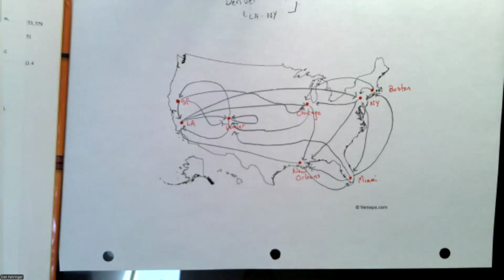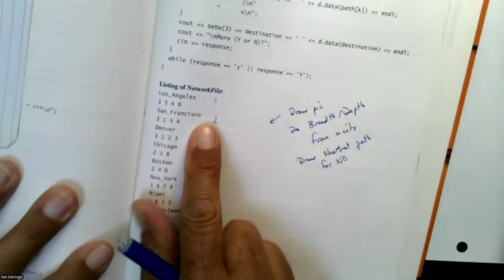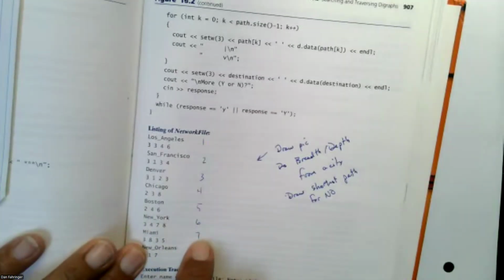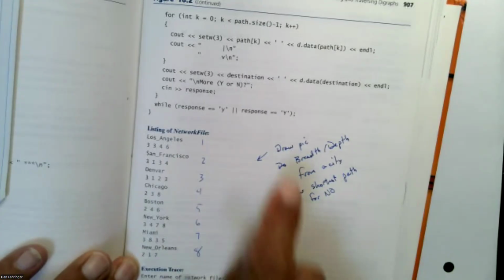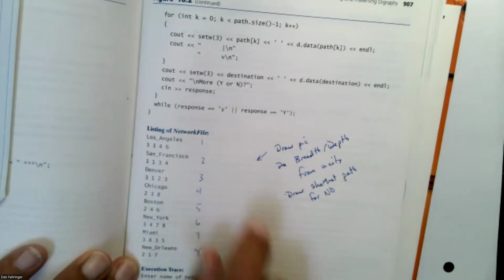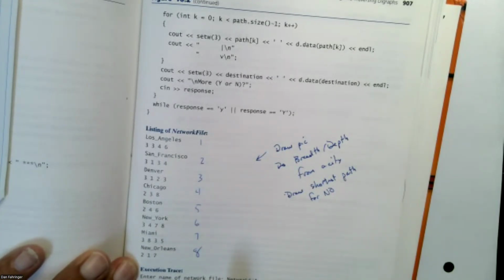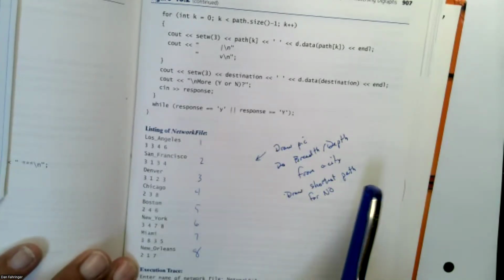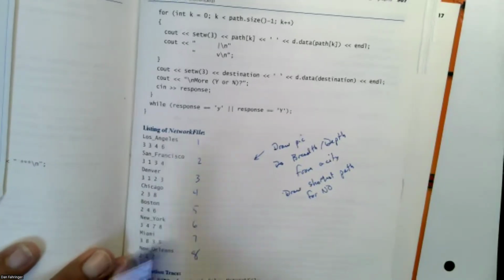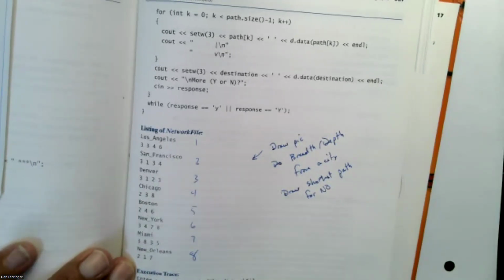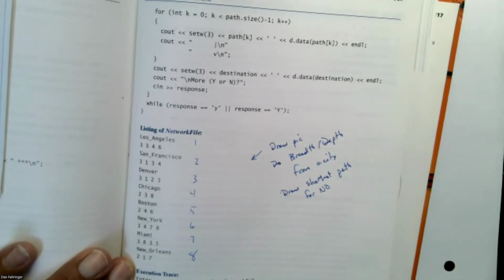I would have to remember what my cities were, like LA being one. So I would go down the side, LA, SF, Denver, Chicago, and then across the top, and then do my ones and zeros and go from there. Then I would multiply that and so forth. Then I could write a program to say, hey, what is the shortest path?